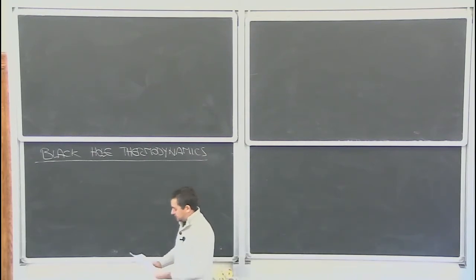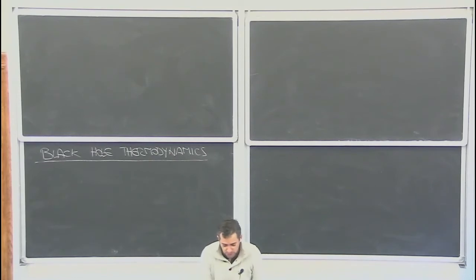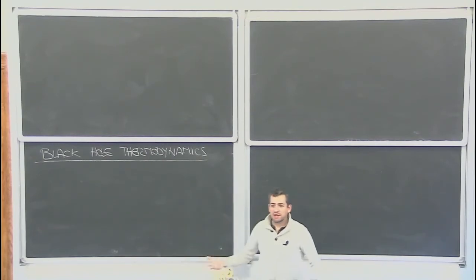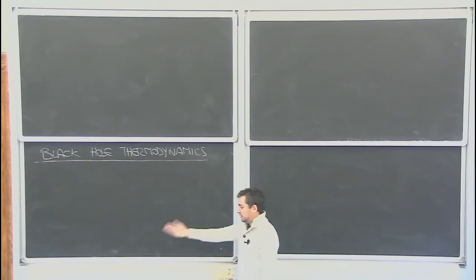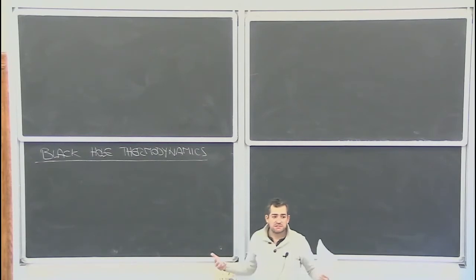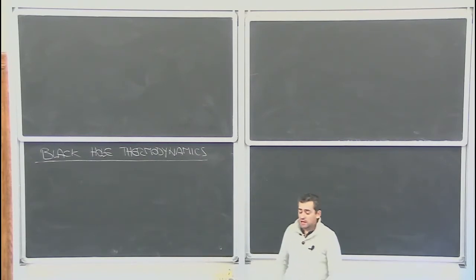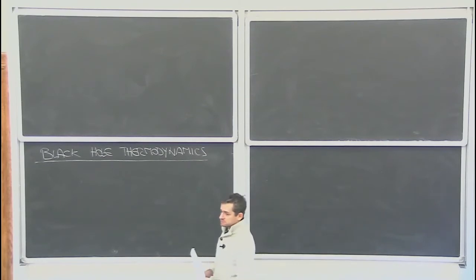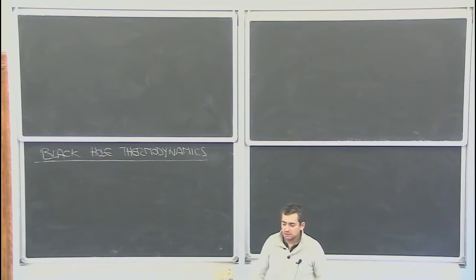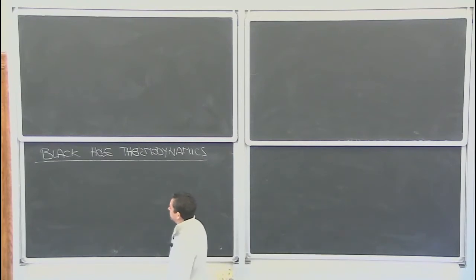The question that apparently Wheeler asked to Bekenstein, and then Bekenstein elaborated on, is what happens if I throw a cup of tea in a black hole? A cup of tea is something that carries some entropy, it could be a book, something else. And I throw it into the black hole, and the entropy seems to disappear because nothing comes out, it is lost forever. And this is disturbing because the second law of thermodynamics is not something that we would like to violate, usually. So the question was very, very simple, just this.